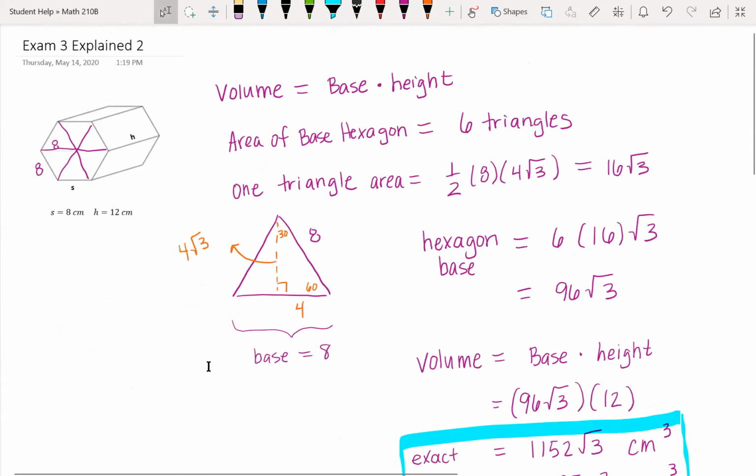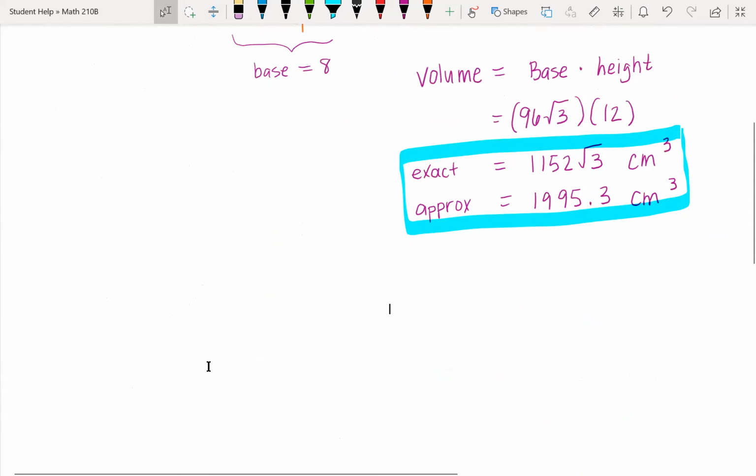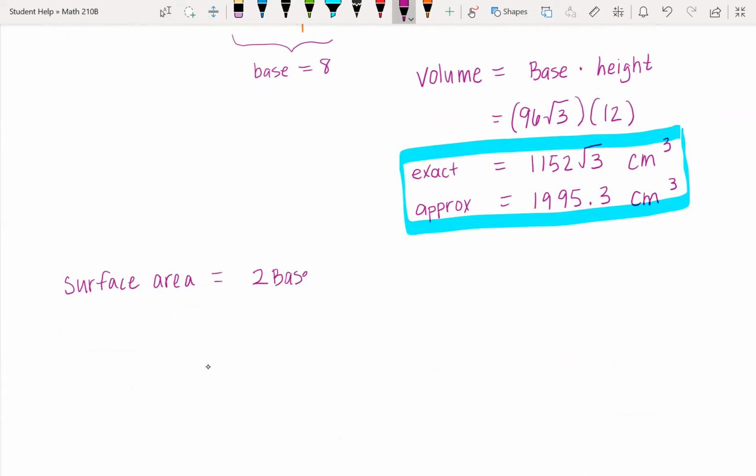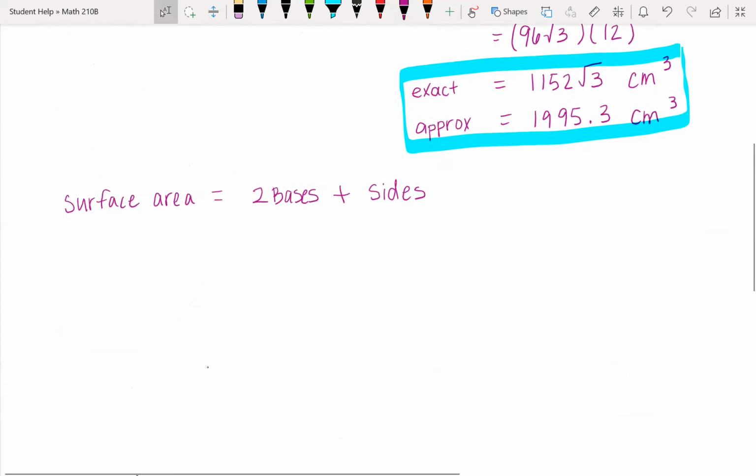So the surface area of this is going to be two bases plus all of the sides together as one huge rectangle. So bear with me while I draw a picture.